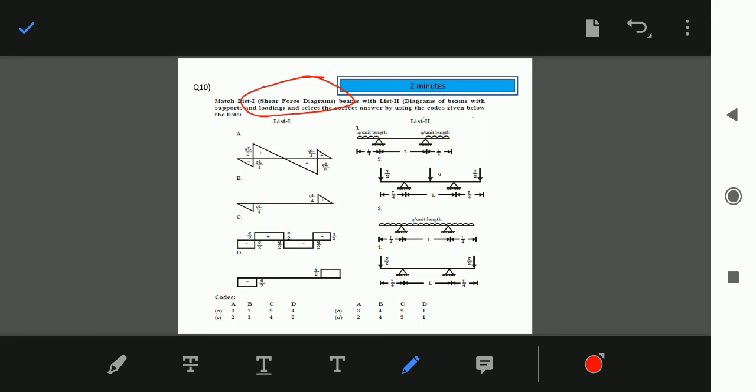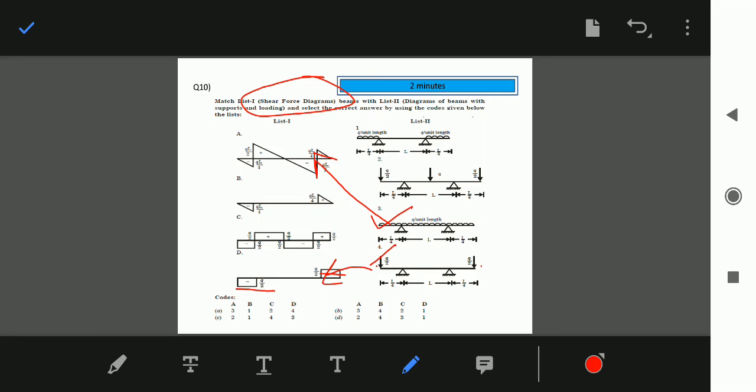So for the uniformly distributed load throughout, option C3 must be matched with A. For the point load, option 4, point load is applied here, one parallel line, and another parallel line here, so it must be matched with D.